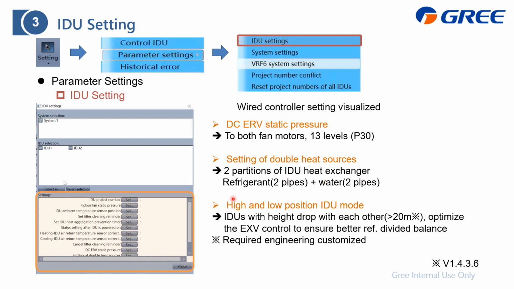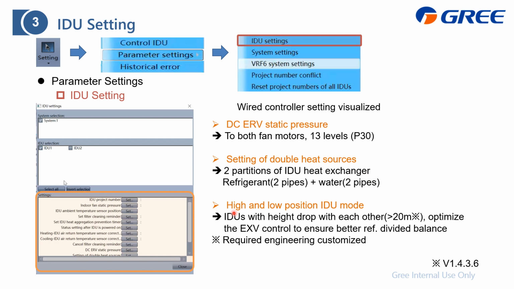The first one is for the refrigerant. There are two pipes, and the next is for the chiller. You can connect to the water system also with two pipes. And these two partitions of the heat exchanger are inside the same indoor unit, so you can connect to the VRF, for example, and also to the chiller at the same time.